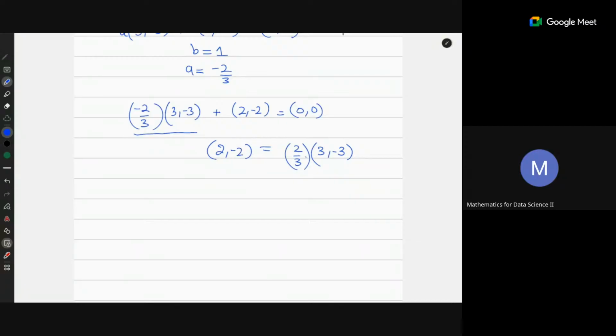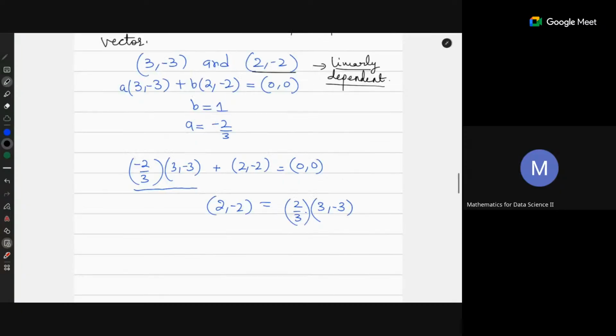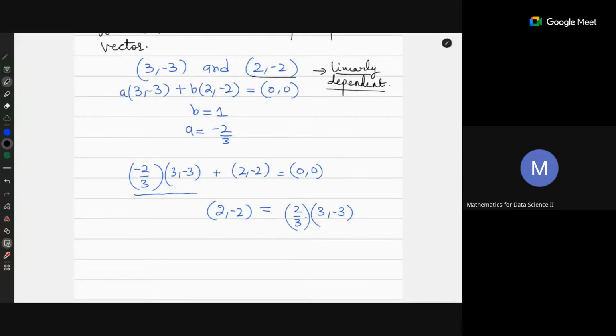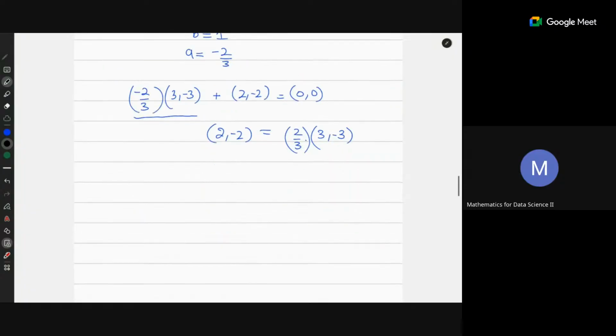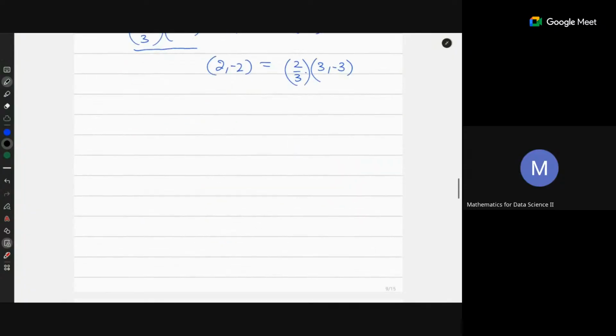So what you are seeing here is that we started with two vectors which were linearly dependent, and we find that one of the vectors is a scalar multiple of the other.